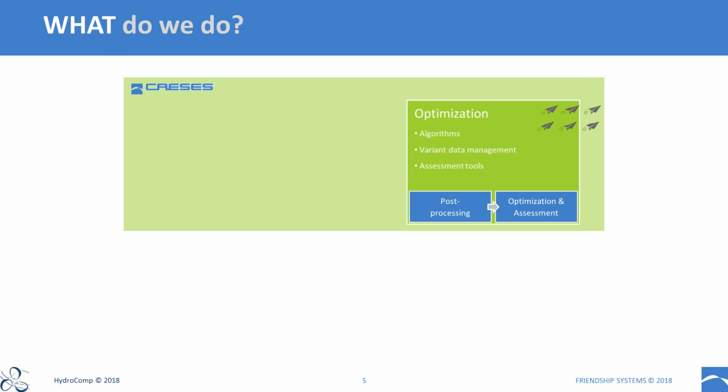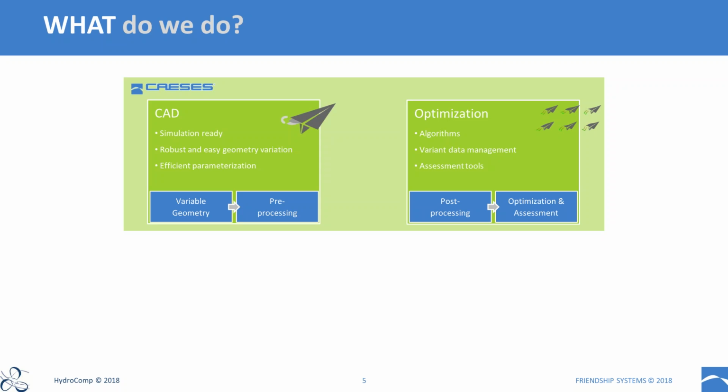To run an optimization, you need algorithms to drive the process. A lot of data is generated, geometry data, calculation results, and so on. So that needs to be managed. And all that data is also needed to make design decisions. So we need some assessment tools so that we can sort through that data and draw the right conclusions.